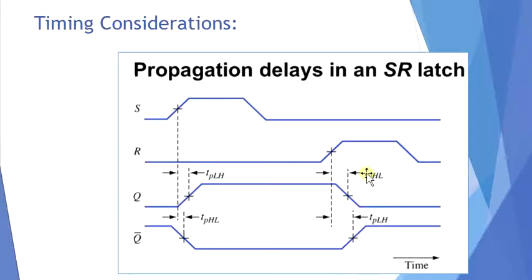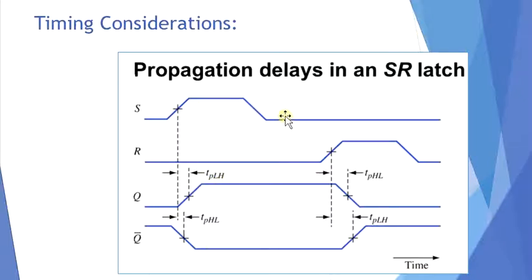The figure above shows the outputs of an SR latch at various signal values that are applied to the S and R inputs, and this timing diagram is based on the truth table. For the input 0 0, the output is 0 1. For the input combination 1 0, the output is 1 0.